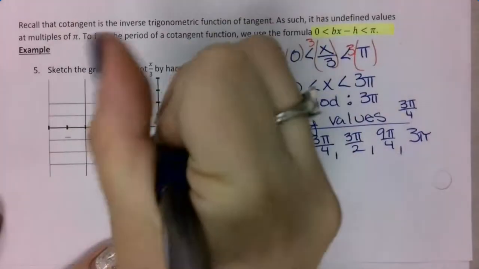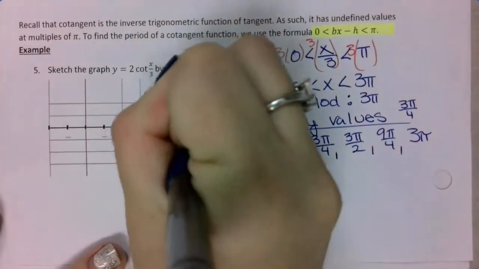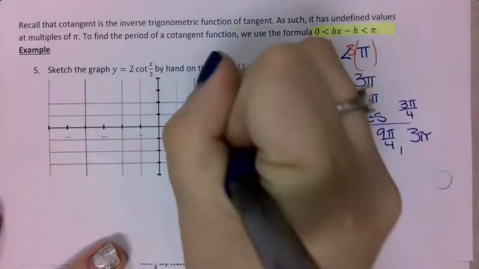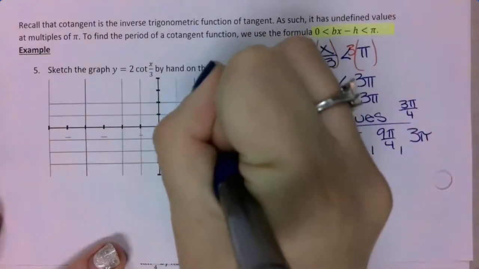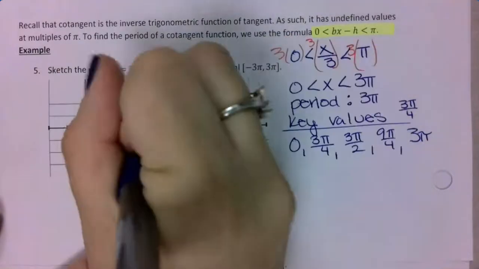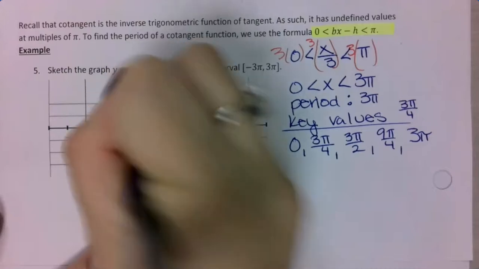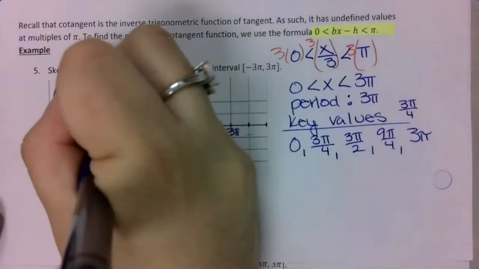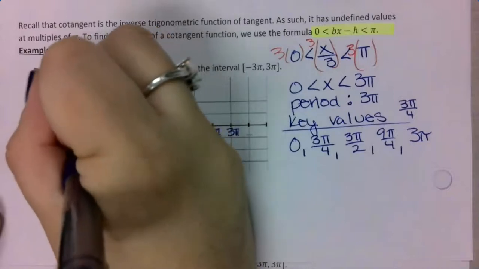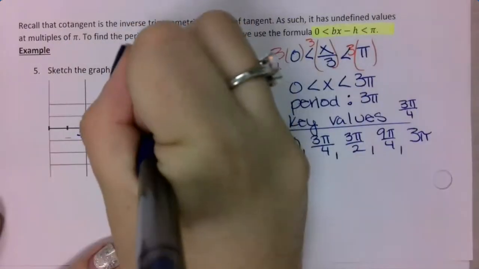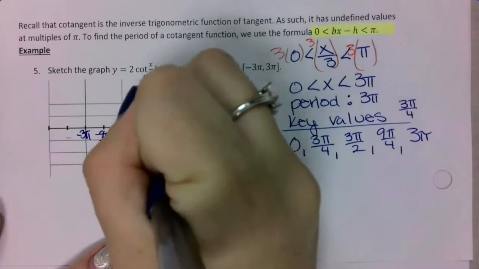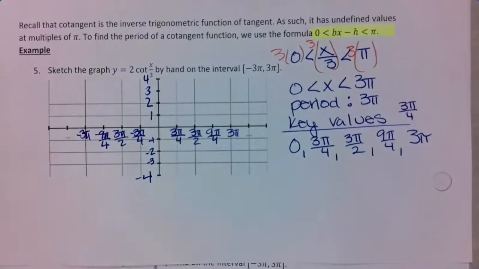I'm going to count by 3 pi fourths. Okay, so this one, just like tangent, my asymptotes are at my two end values.